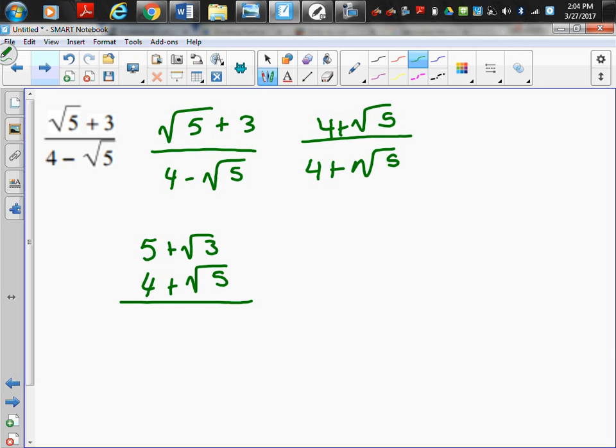Alright, so this is the square root of 15. So what number is in front of the square root of 5? 1. So 1 times 5 is 5. Square root 1 times 5 is 5.